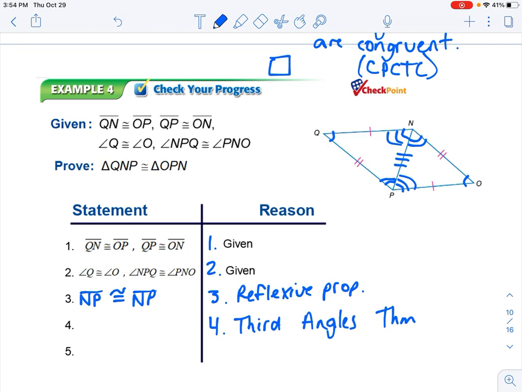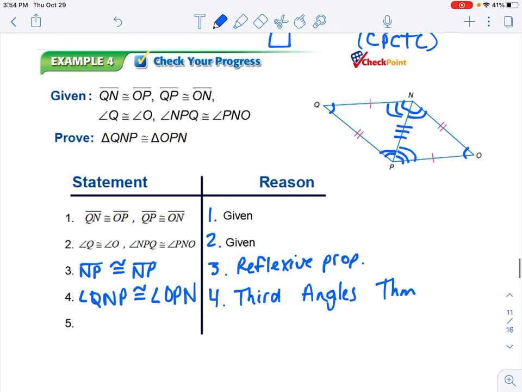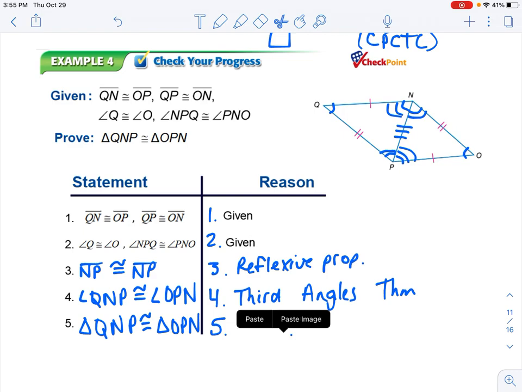So we can state that angle QNP is congruent to angle OPN. And then we've got all 3 pairs of sides congruent, and all 3 pairs of angles congruent, so we can say that our triangles are congruent. QNP is congruent to triangle OPN. And that is once again by corresponding parts of congruent triangles congruent.